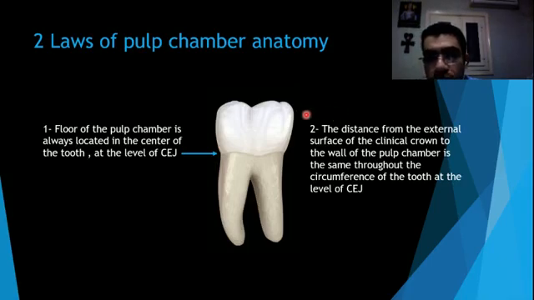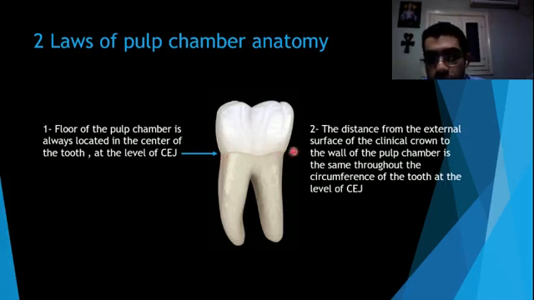If you are looking from an occlusal direction, you will have two levels: the level of the crown from the middle third or the occlusal third, and there is a smaller level at the level of the cemento-enamel junction.